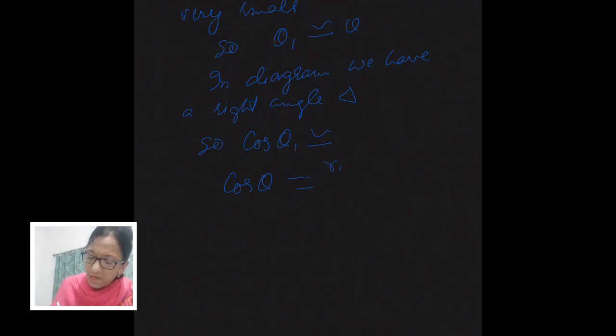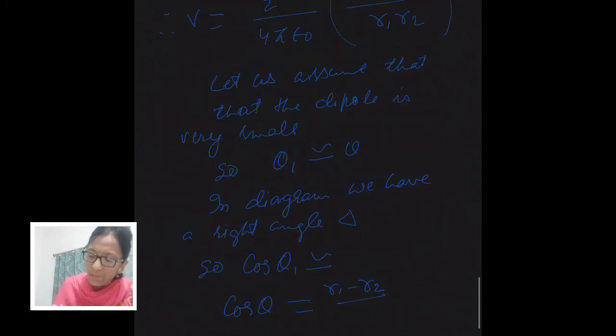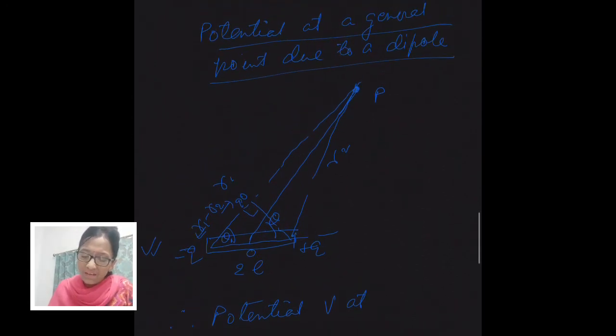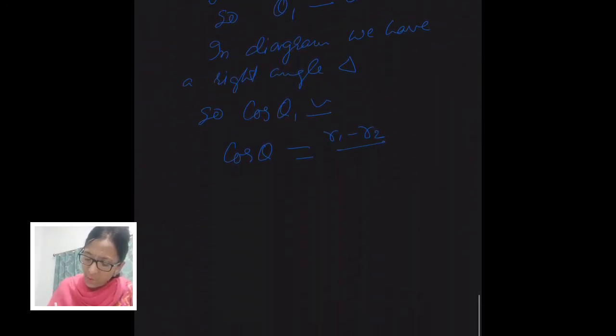So base r1 minus r2 by hypotenuse, and the hypotenuse is 2L, the length of the dipole. Therefore r1 minus r2 is equal to 2L cos theta.